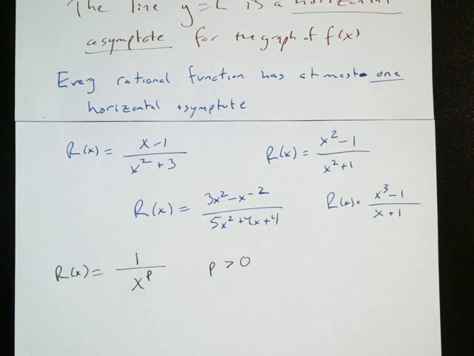I don't care if you're doing x squared, the square root of x, x to the fifth, or x to the 0.1. As x is getting bigger, the bottom of this fraction is getting bigger, which means the whole number is going to get smaller and smaller. And if it's getting smaller and smaller and it's still positive, it's getting closer and closer to zero.